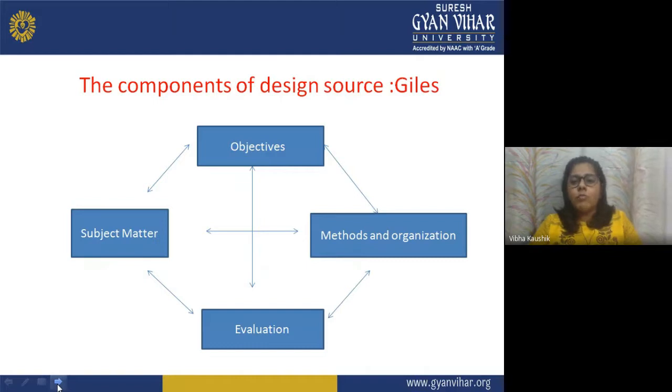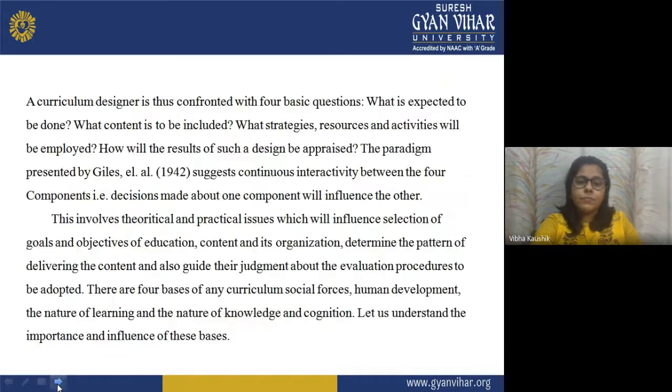Now, the components of design source as given by Gills: first we have to decide the purposes, goals, and objectives of the particular curriculum. Methods and organization, the way the methods and content will be delivered, evaluation will be done, and the subject matter for that particular curriculum.